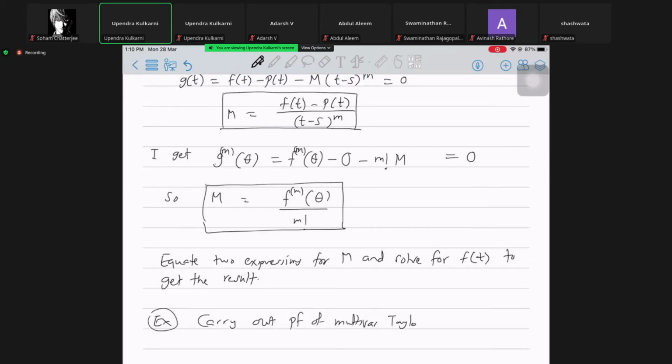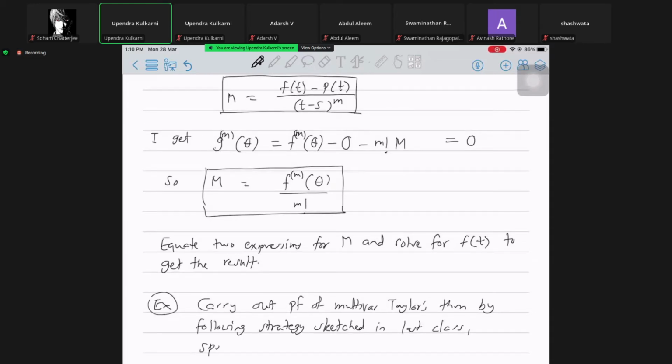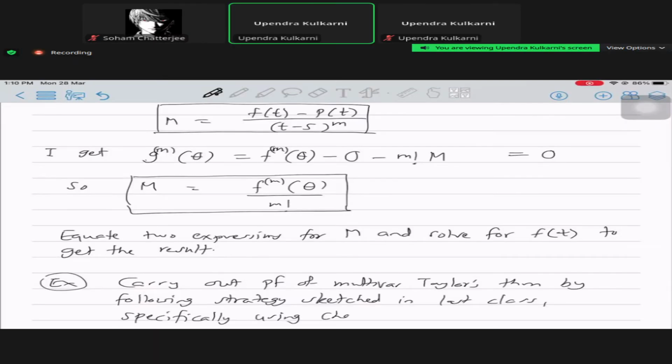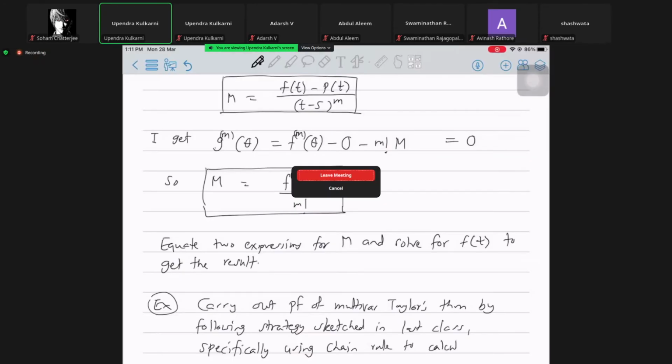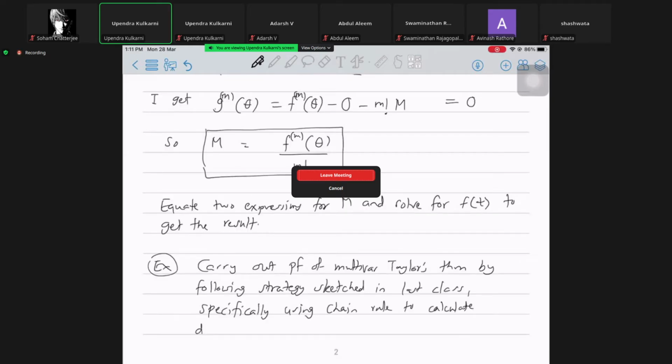Carry out the proof of multivariable Taylor's by G sketched in the last class, specifically using the chain rule to calculate f of a plus ph. So this is the first exercise.